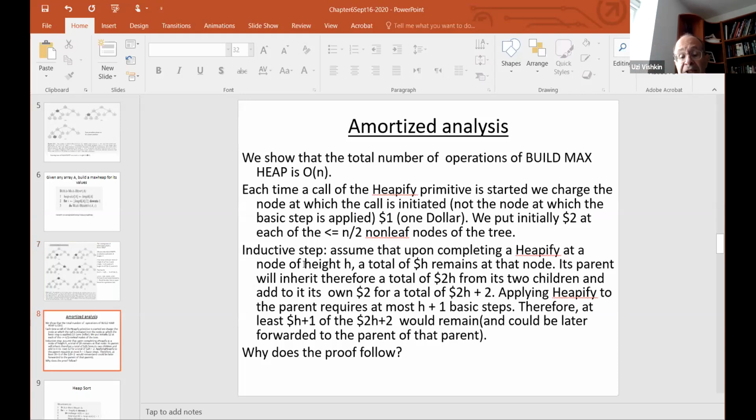So going into a heapify step for a node of height h plus 1, the inductive hypothesis allows me to assume the following: that the node of height h plus 1 had $2 in the beginning, and each of its children, which are already finished, have a balance of h.